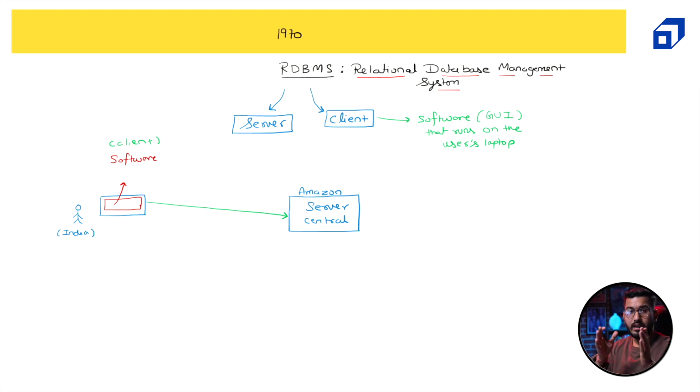SQL is used to build a communication between the client and the server. So whatsoever information I need from the server, I will write down in the SQL format, in the SQL query that will be communicated to the server. The server will process it and return it to me.